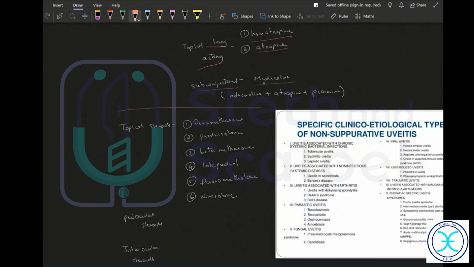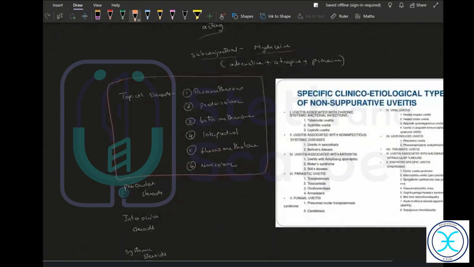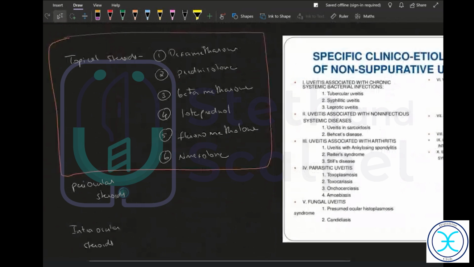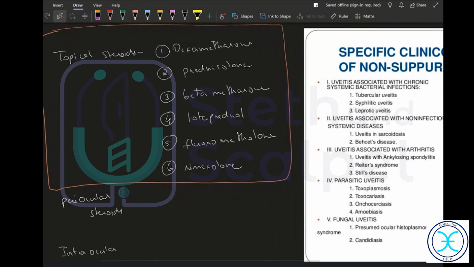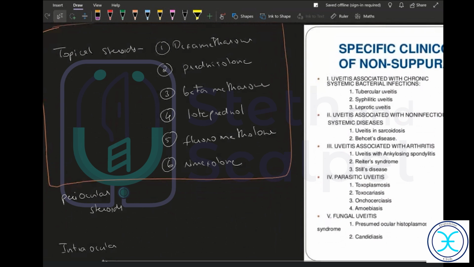Steroids are also the drug of choice over here. First you give mydriatics, then you follow it up with steroids. The various steroids I've written down over here: topical options are dexamethasone, prednisolone, betamethasone, loteprednol, fluorometholone. Just remember dexamethasone and prednisolone, those will do.